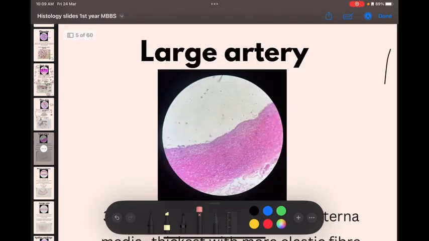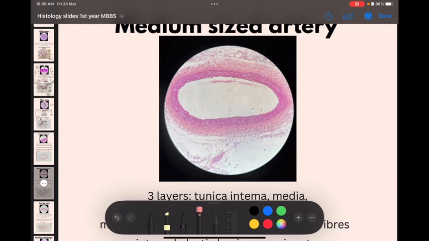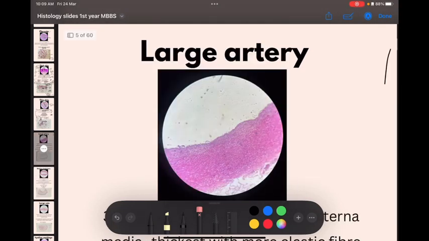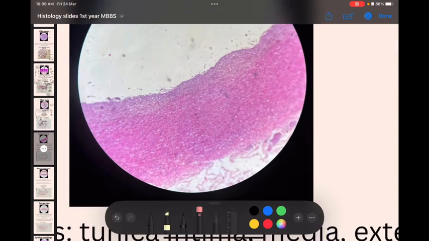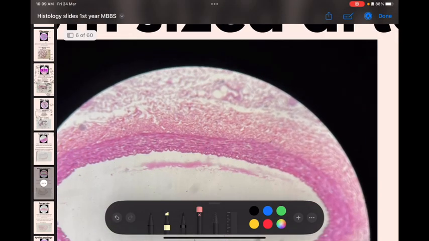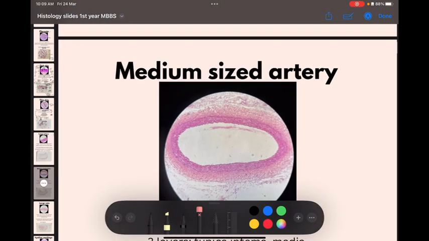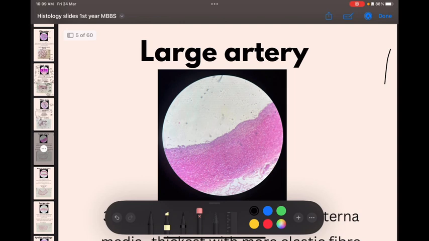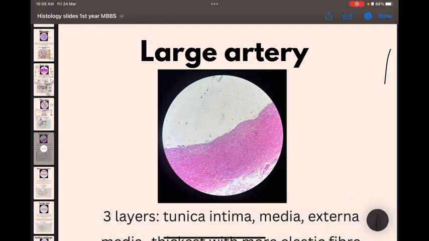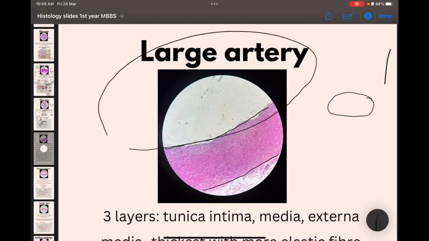Now coming to medium sized artery and large artery. The large artery is like this, whereas the medium sized artery is like this. One easy identification point is that in the large artery, we cannot see the entire artery through the microscope. The entire circular structure we are not able to see, because it will be like this in the microscope.